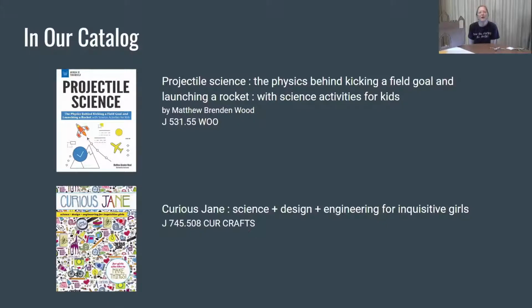The physics behind kicking a field goal and launching a rocket with science activities for kids. And also Curious Jane, Science and Design and Engineering for Inquisitive Girls. And I'm sure in those books, you'll be able to find all kinds of fun projects to keep you busy and keep you learning.